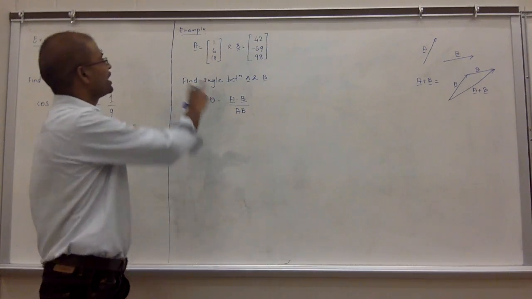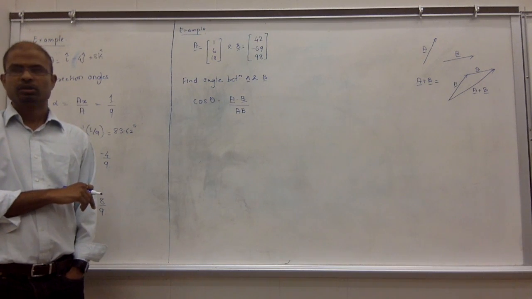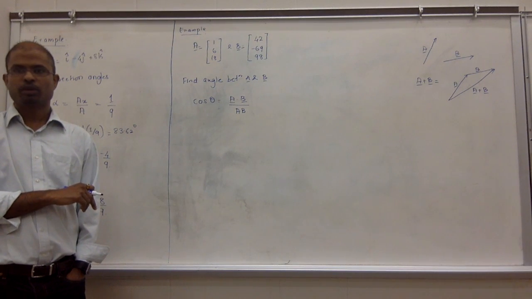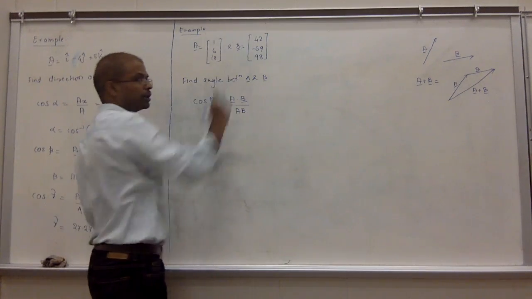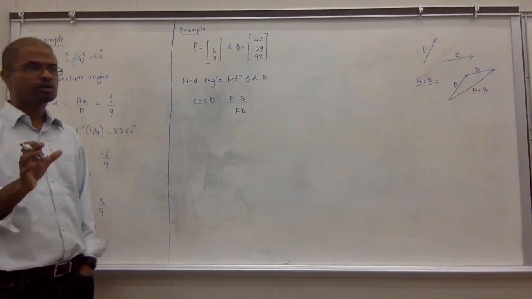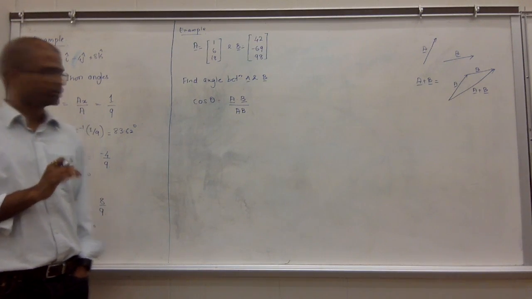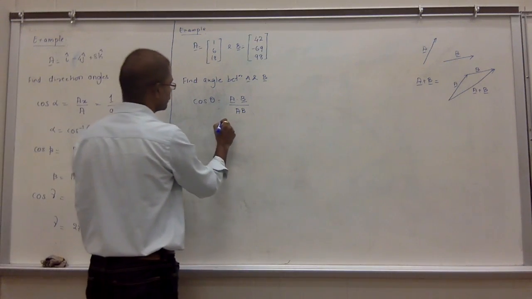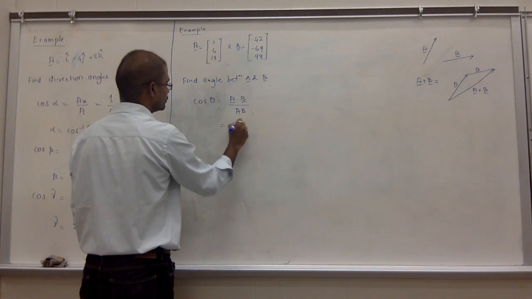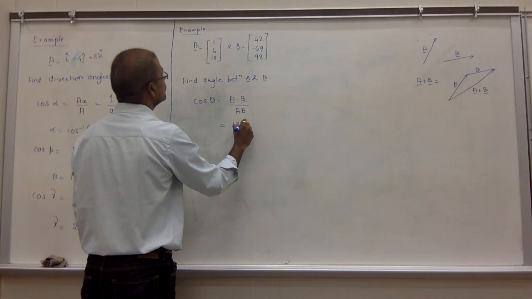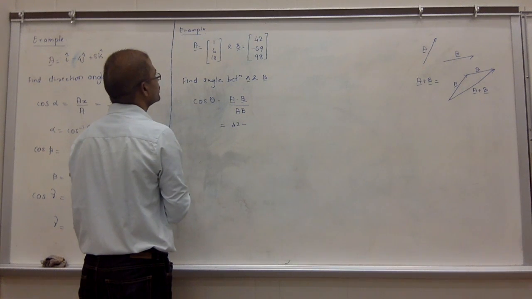If it is just adding these two arithmetically, what are you going to do? You're going to add the i components, j components, and k components. So here, cosine theta, this is what A dot B is. You have 42 minus 69 into 6.